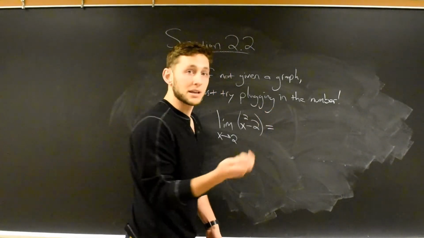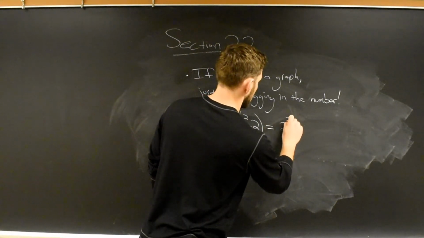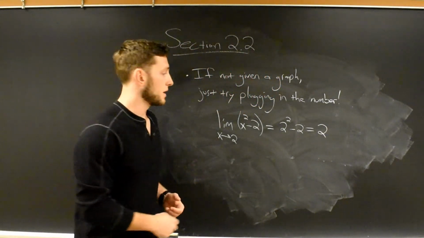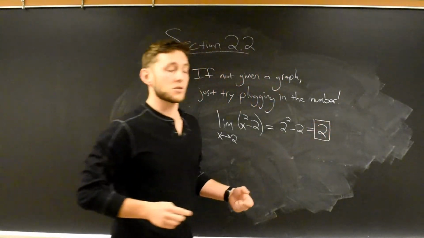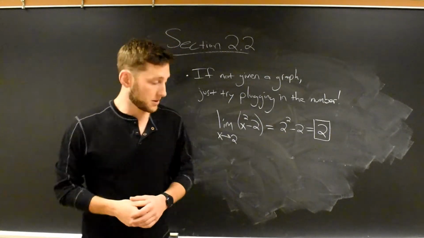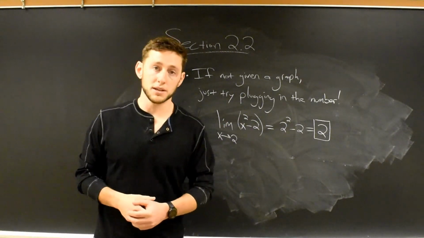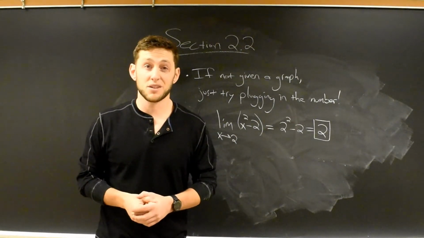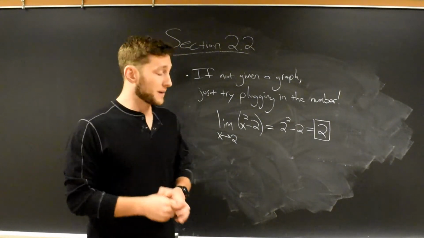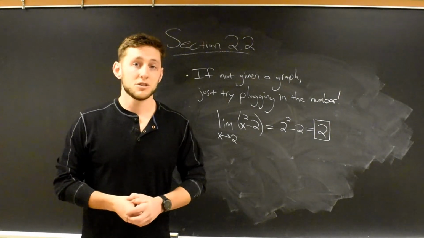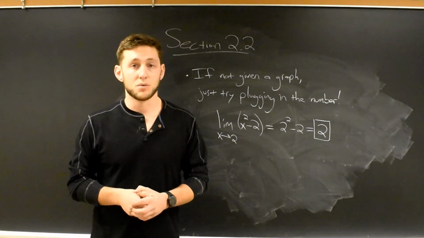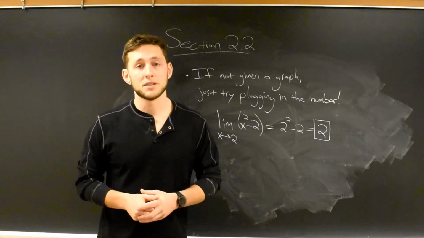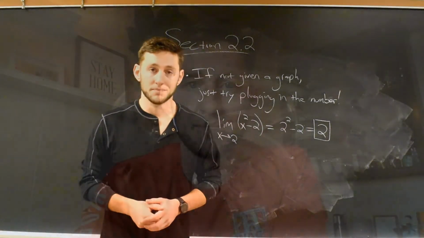Literally just try to plug in 2 to your function. 2 squared minus 2, that is 4 minus 2, so our answer is 2, and it turns out this is correct. Moreover, it turns out that if you're a continuous function, or if this is a point of continuity for your function, this will work every single time. So no need to graph this to figure this out, literally just plug it in. If this doesn't work, so in the case that you get 0 over 0, for now, what we're going to have to do is resort to a graph or a table.